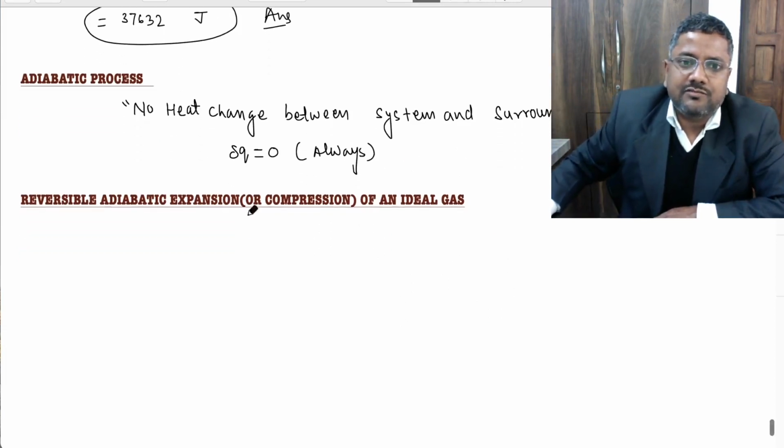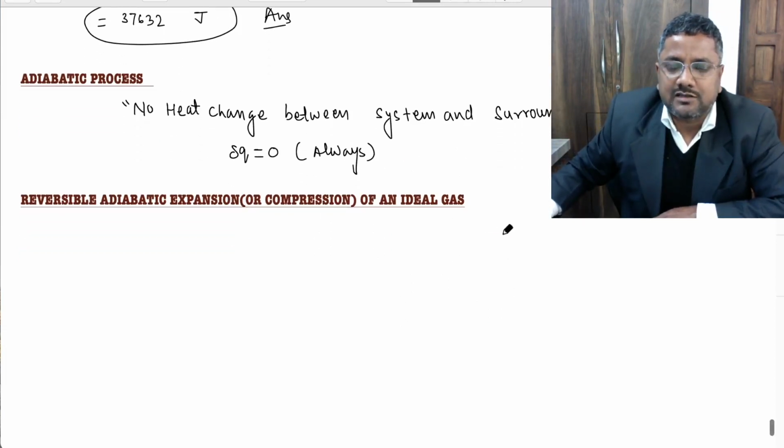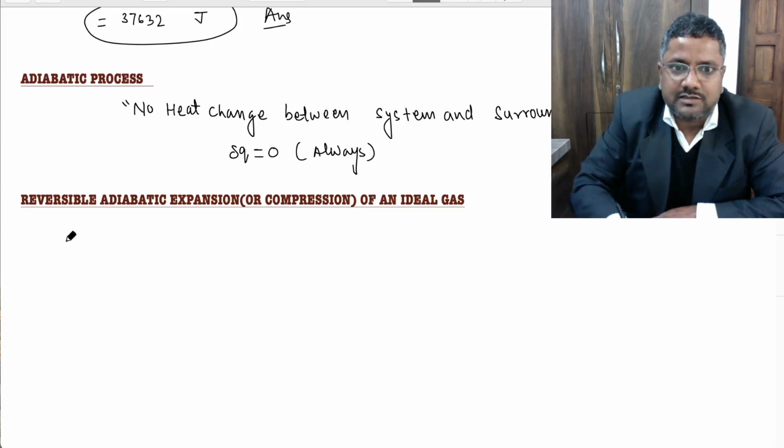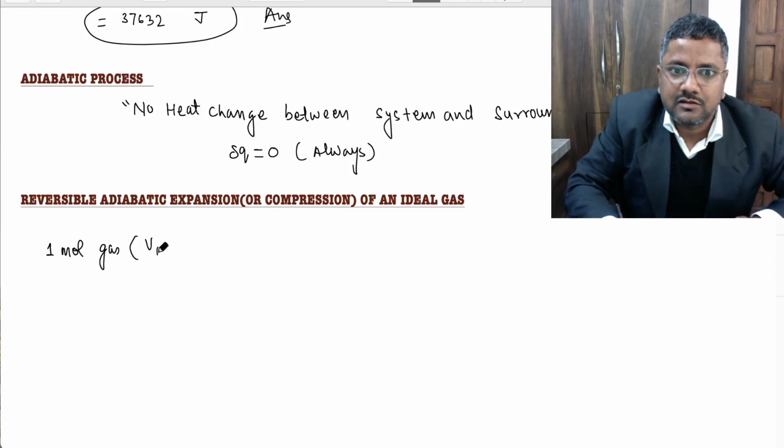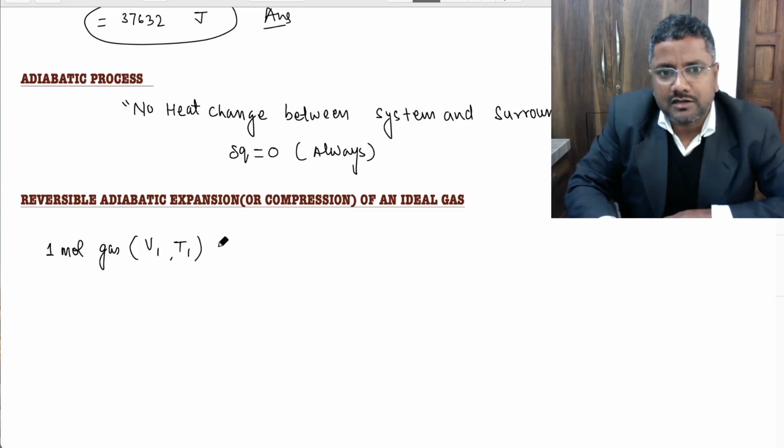So I am considering the first case, reversible adiabatic expansion or compression. So suppose that we have 1 mole of gas, and the initial condition I have taken, volume is V1 and temperature is T1, and it is undergoing some expansion or compression, whatsoever.